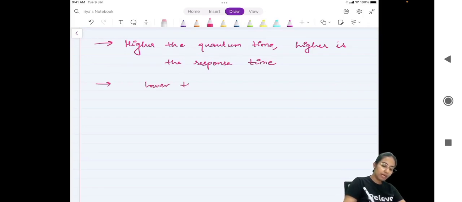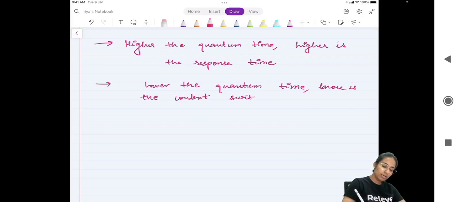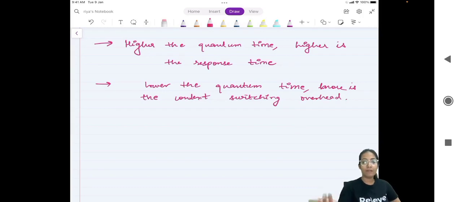Lower the quantum time, more is the context switching overhead, because your quantum time is so low that you're just spending a lot of time in switching the context itself.